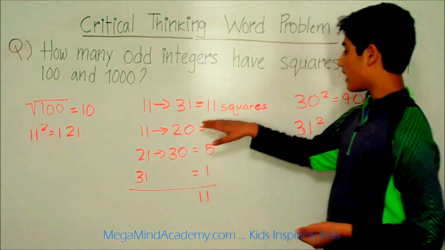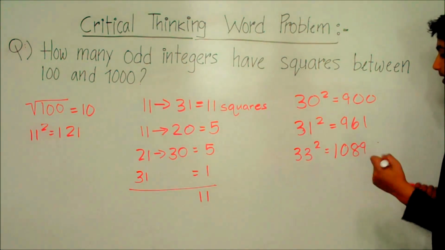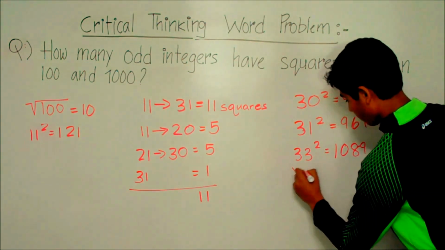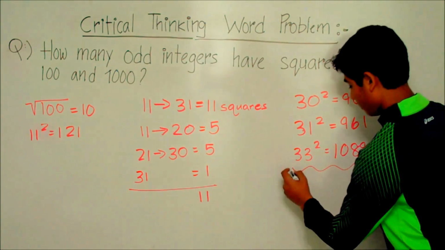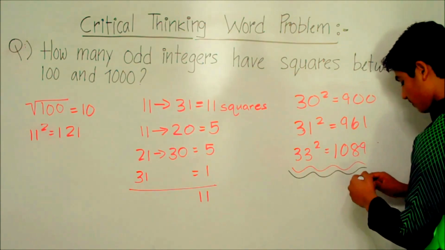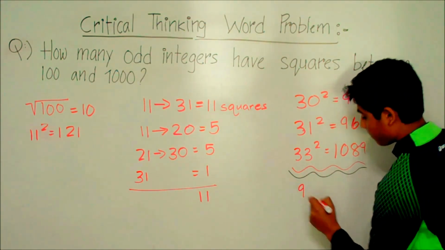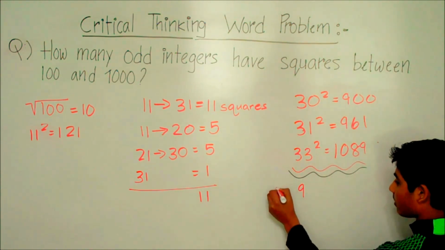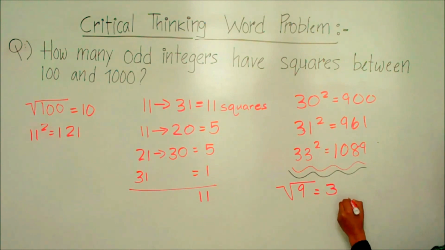Now let's take a look at square numbers for a second. Let's take 9 for example. 9 is a square number. The square roots of 9 are 3 and -3.